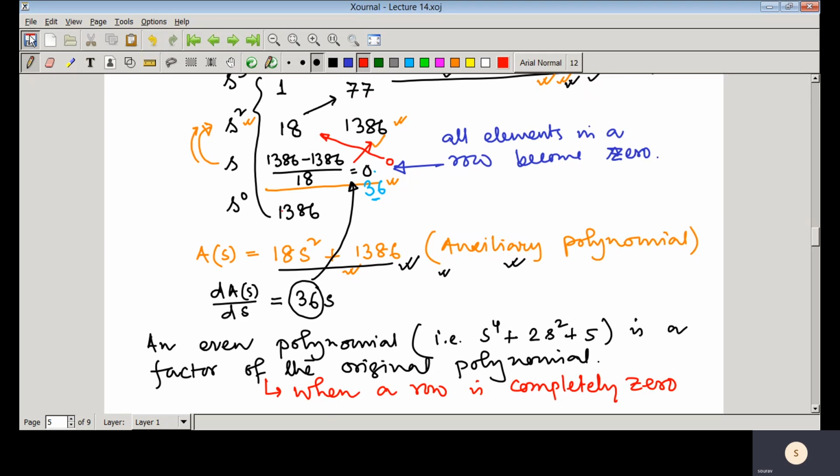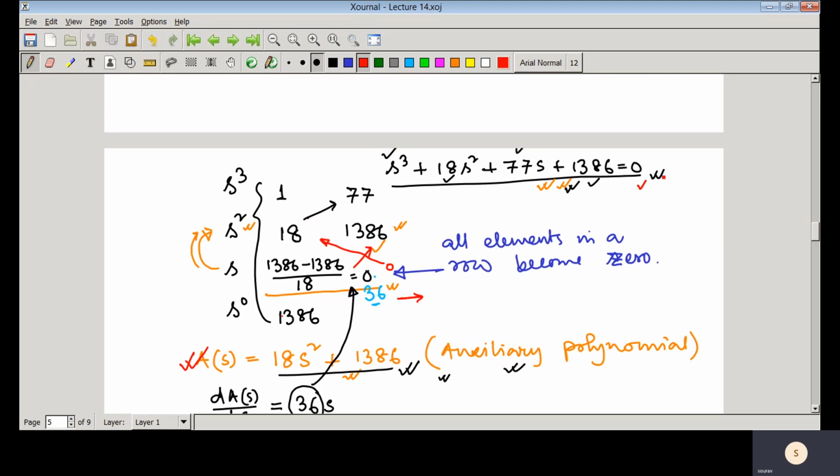So in this case, you can see this particular row becomes 0. So then an even polynomial, here you can see that this is that auxiliary polynomial, this is that even polynomial, and this even polynomial is the factor of the original polynomial, this one.